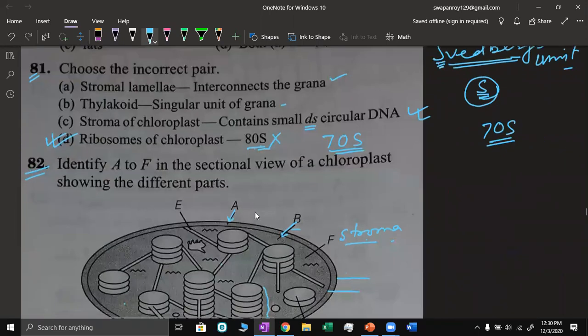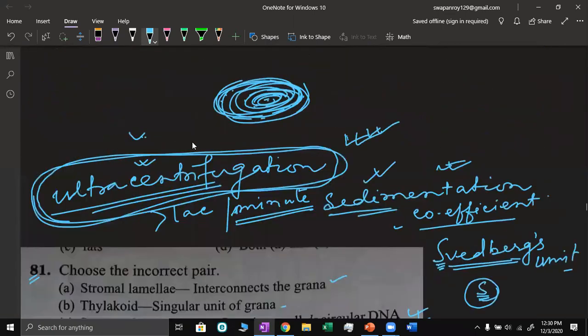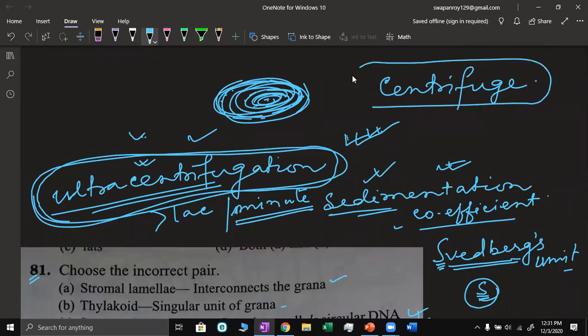Okay. The instrument where this centrifugation is done is called a centrifuge. A very simple centrifuge is the clinical centrifuge.